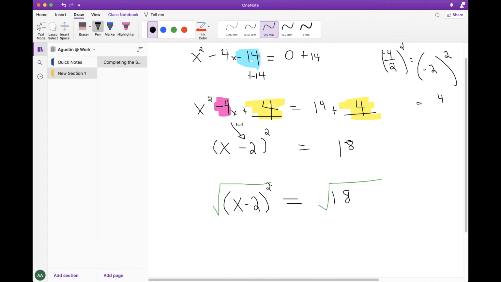So on the left side, the square root and the squared are going to cancel. So I'm just going to have x minus 2, and that will be equal to plus or minus the square root of 18.